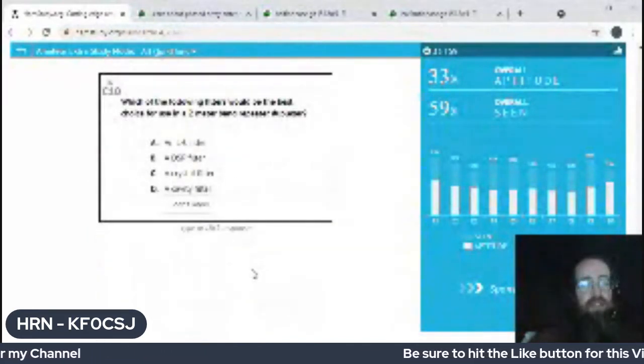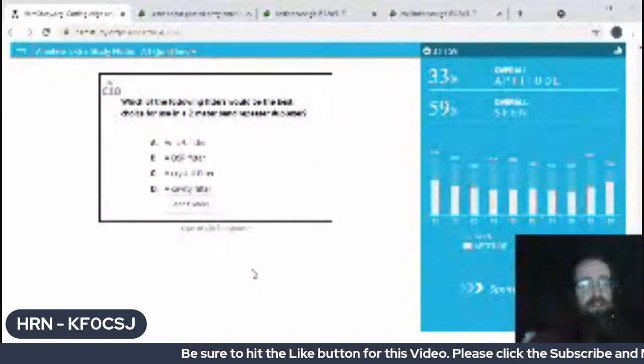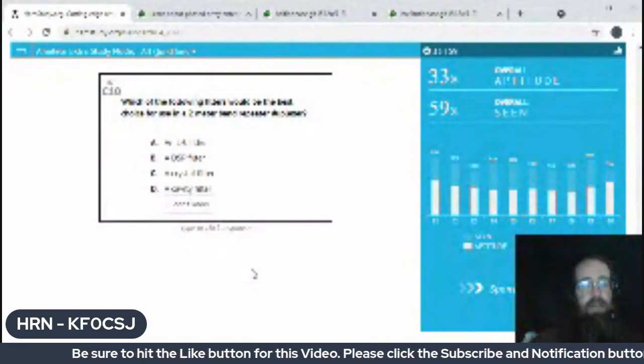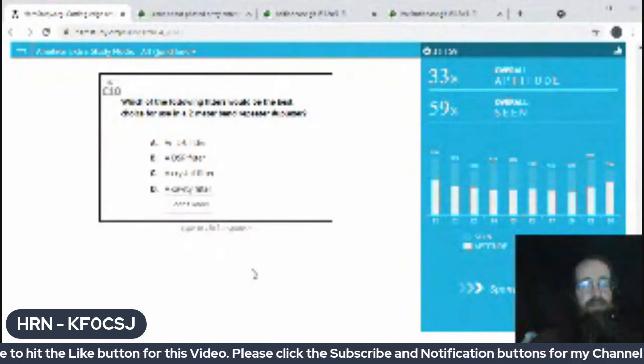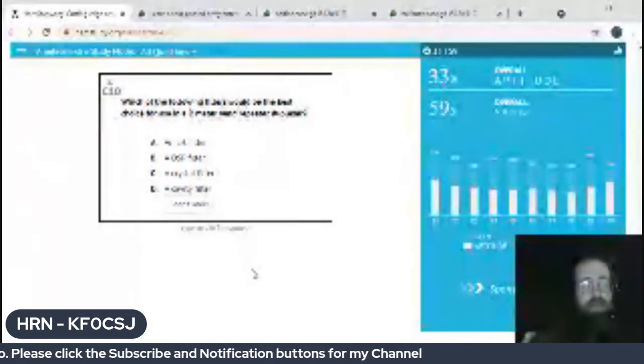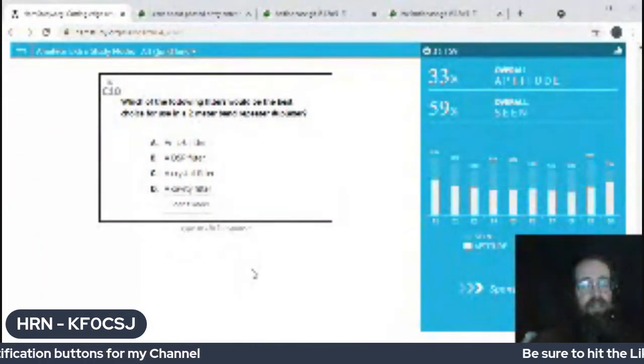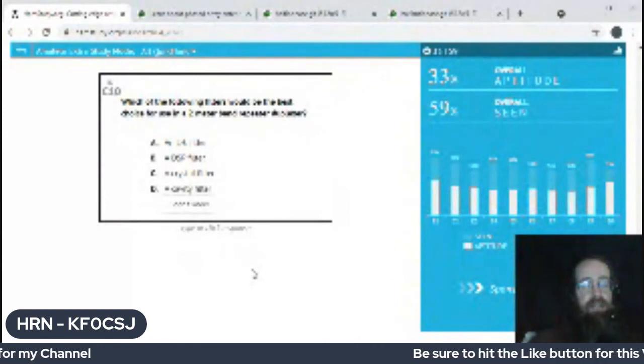Which of the following filters would be the best choice for use in a 2-meter band repeater duplexer? A, an LC filter. B, a BSP filter. C, a crystal filter. D, a cavity filter.